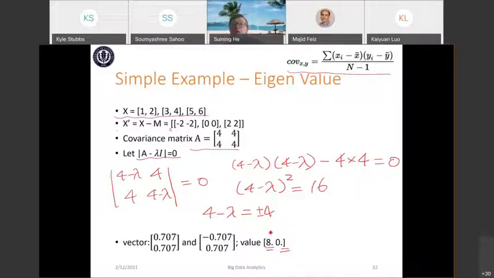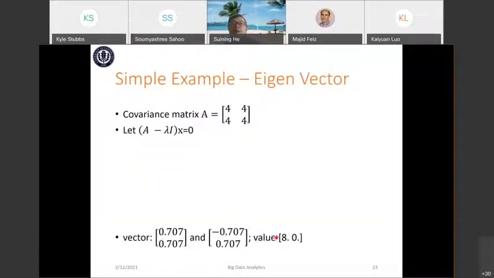Based on these two eigenvalues, let's see how we can calculate the corresponding eigenvectors. We need to look back at the corresponding definition, that's this formula. We need to calculate the corresponding x here. x is the eigenvector, and because we are considering two-dimensional points, this eigenvector should also be two-dimensional.